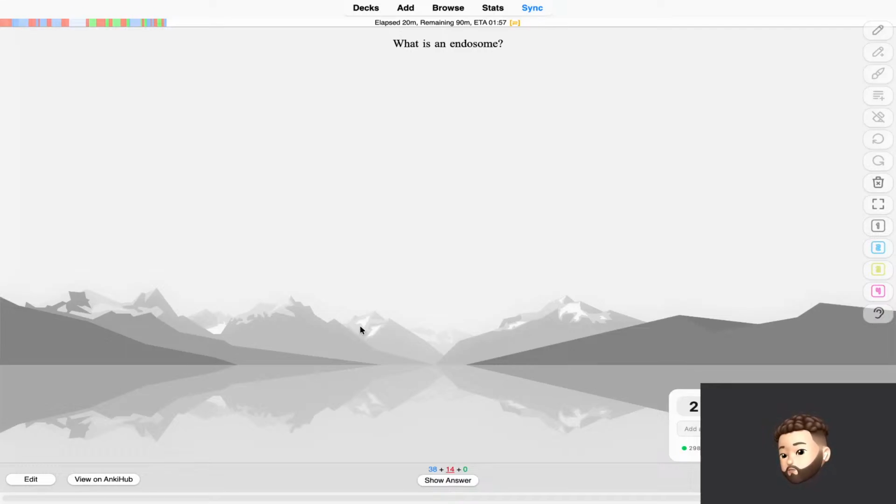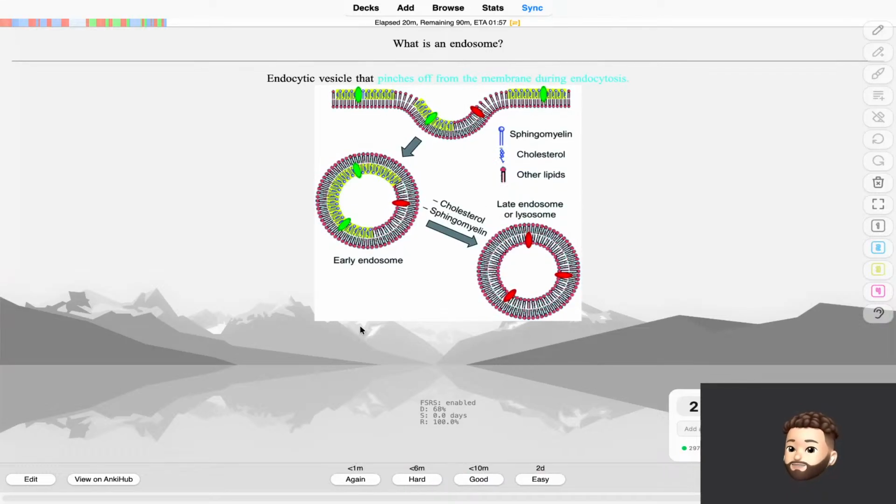What is an endosome? An endosome is an endocytic vesicle that enters the cell by budding off of the membrane going inside, that pinches off from the membrane during endocytosis.